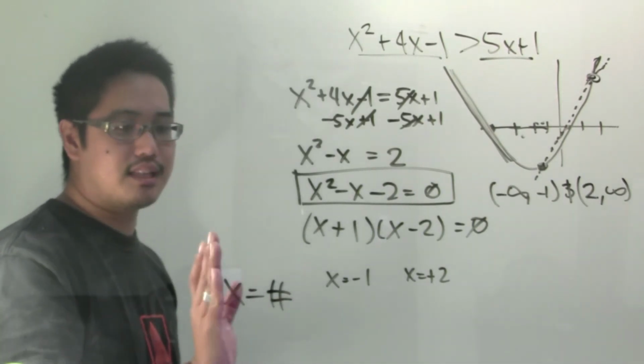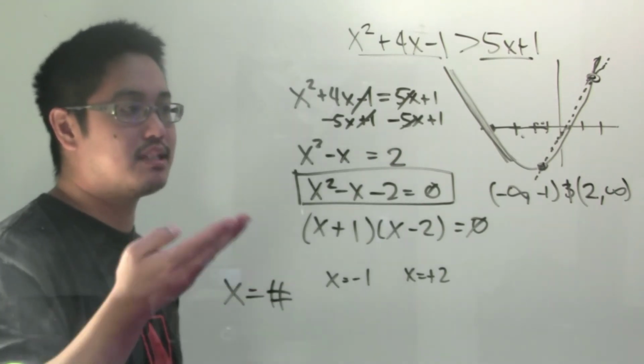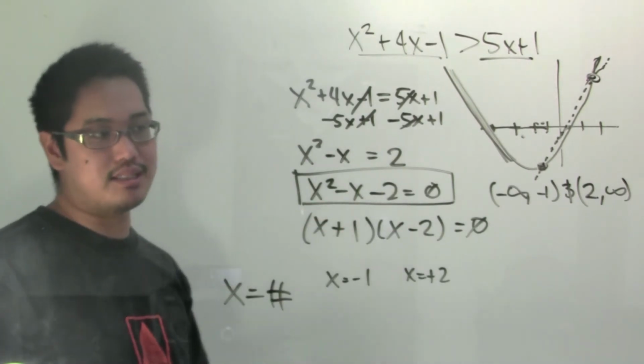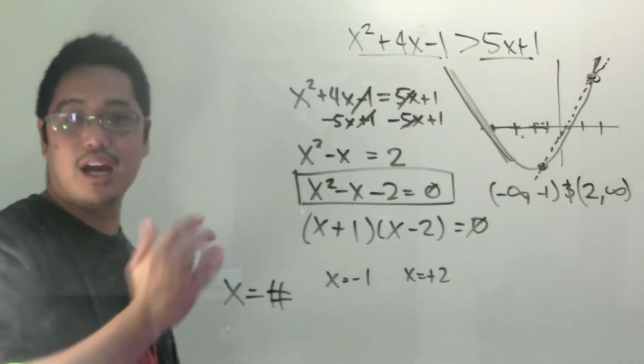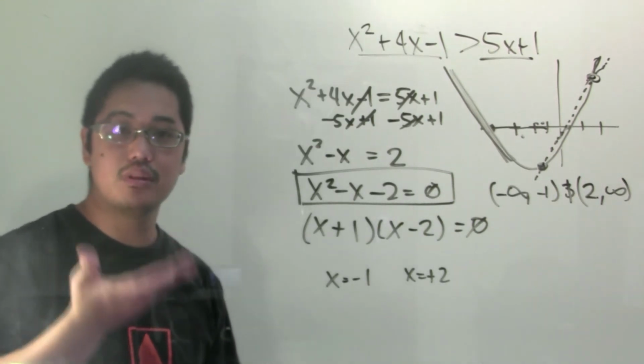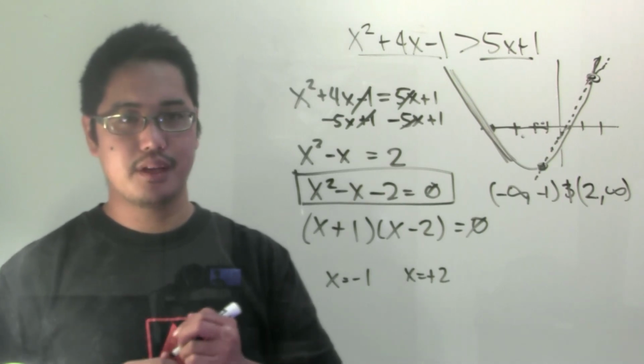But that's not the case, because that would imply that x is only one number, meaning they only cross at one single point. And if I look at the graph, obviously they cross at two different points. I just have to figure out what those 2 points are. When you have to solve for 2 separate points, you're dealing with a quadratic equation. I hope that makes sense to you.